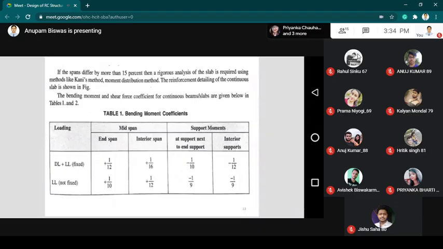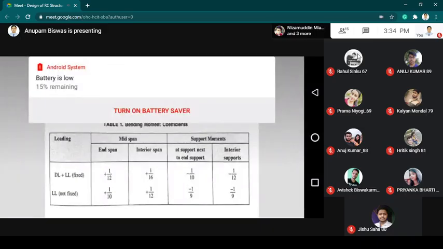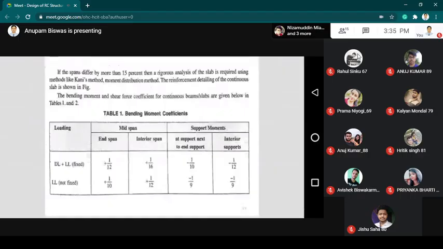for the end span, the bending moment coefficient is plus 1 by 12, and for the interior span it is plus 1 by 12. At the support next to the end support, the coefficient is minus 1 by 10. Whereas for live load, the end span is plus 1 by 10 and the interior span is plus 1 by 12.